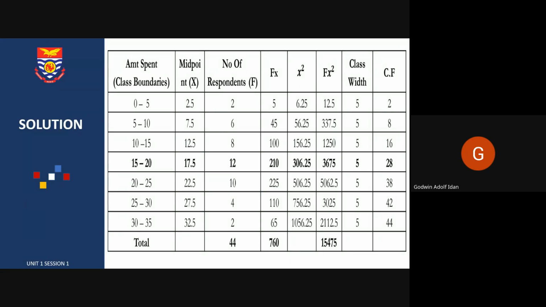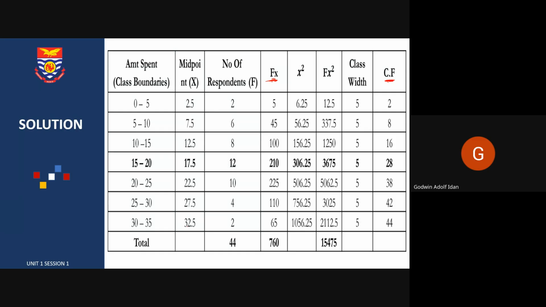And then if you are computing the median, you also need the cumulative frequency here. And then the mean will require that you calculate the class midpoints. So you do the midpoints, which will now force you to compute the frequency times the observation, fx. Then you do those ones also here. And that is how you compute your mean and the rest.